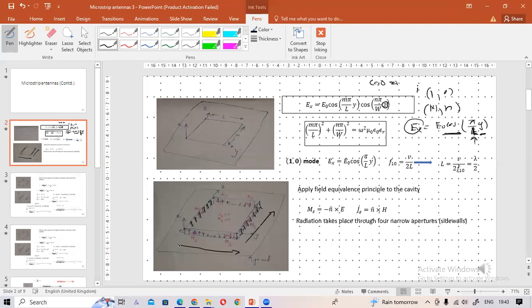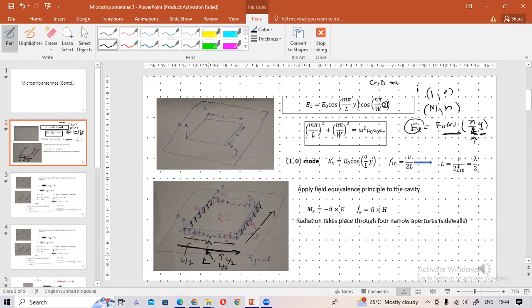Let's say this length is L, and now you are going to feed the signal here. This point will be at L divided by 2, and this also will be L divided by 2.